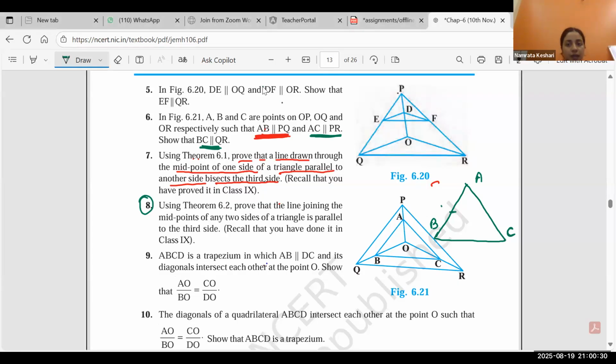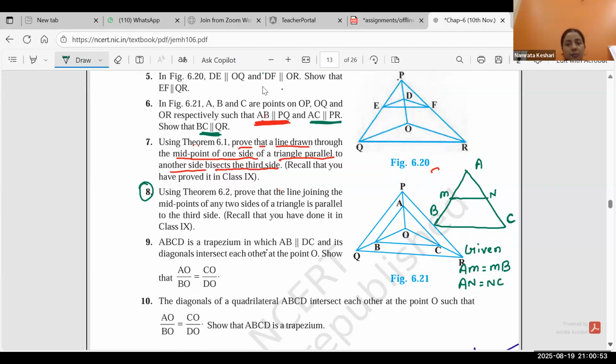Here what we know, M is the midpoint. What else we know? N is the midpoint. So here, given that AM is equal to MB. And what else is given? AN is equal to NC. And what we have to prove? We have to prove that MN is parallel to BC. Making sense?